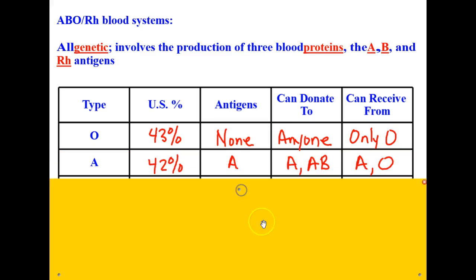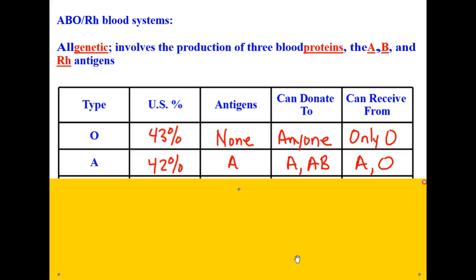Our next type is A. At 42% of the U.S. population, this means it has A antigens. Type A would be able to donate to type A or type AB.